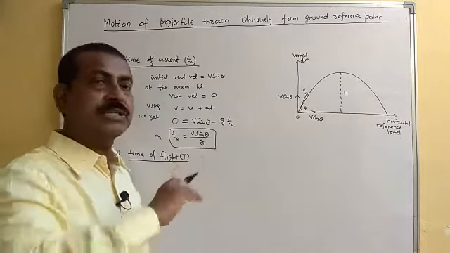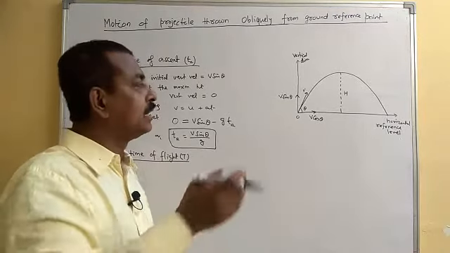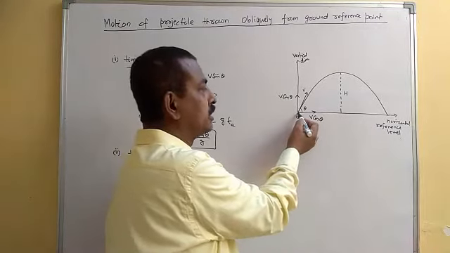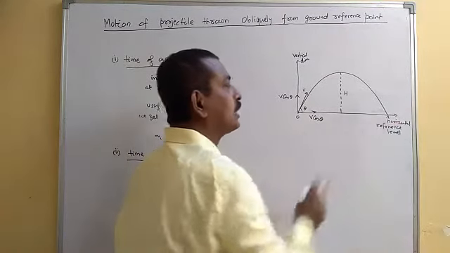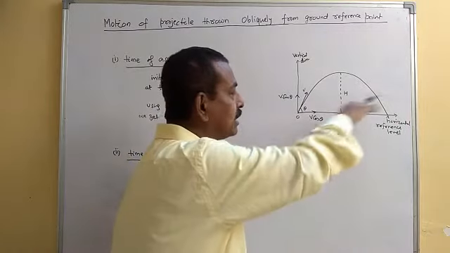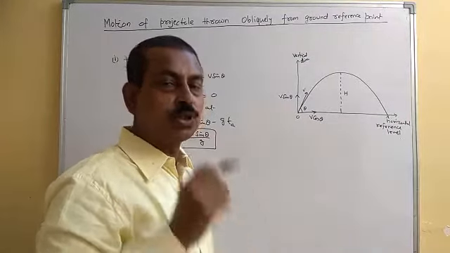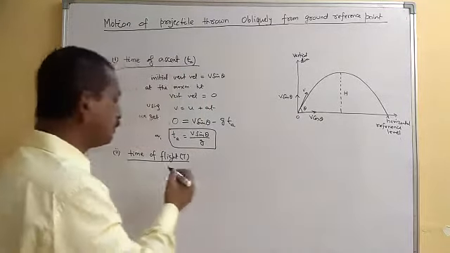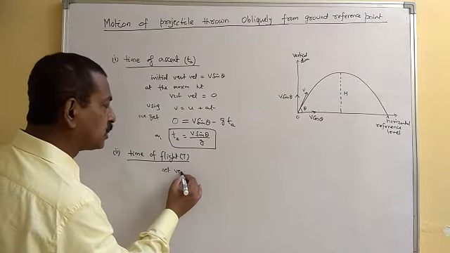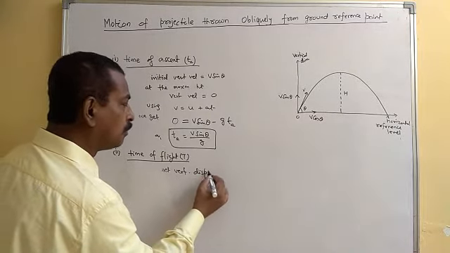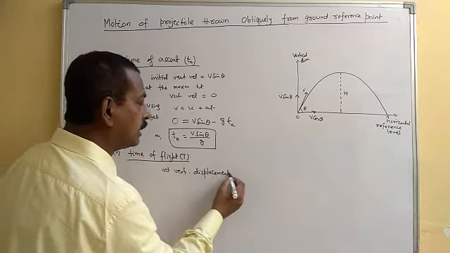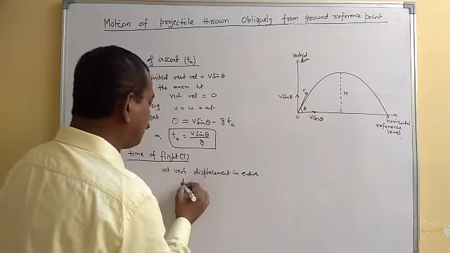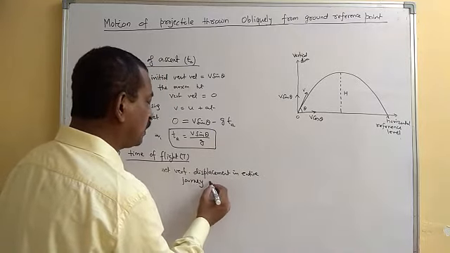So if you consider its entire motion, here net vertical displacement will be 0 because we have thrown it from the point here, and suppose it is ending its journey at the point A. Both are at the same horizontal reference level, so the net vertical displacement in the entire journey is 0.